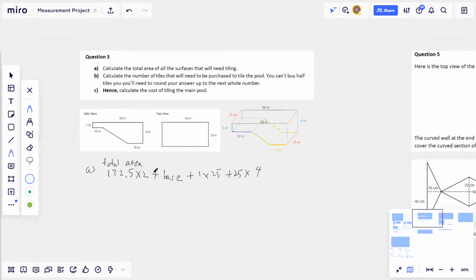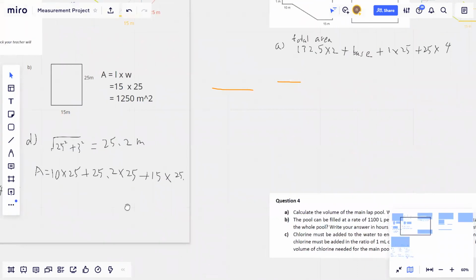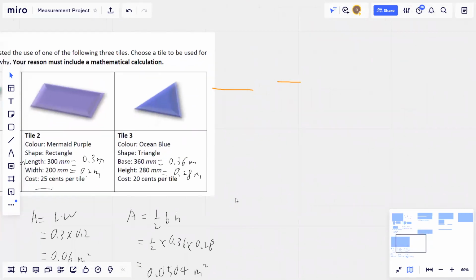So that's a calculation, and it asks you what's the number of tiles that will be needed to purchase to put in the pool. For the second question, you cannot buy half a tile. So you will need to round your answer to the nearest whole number. How can we do this one? Because we choose the third tile, what is the area for this one?